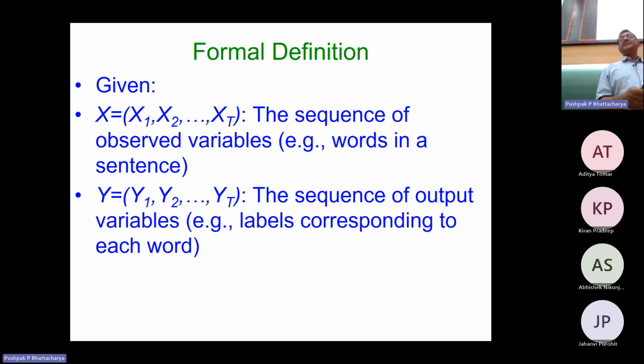So, formal definition. Given X, which is the sequence of observed variables, that is words in a sentence, and the words are X1, X2 up to XT. Y is the sequence of output variables, that is labels corresponding to each word, Y1, Y2 up to YT.